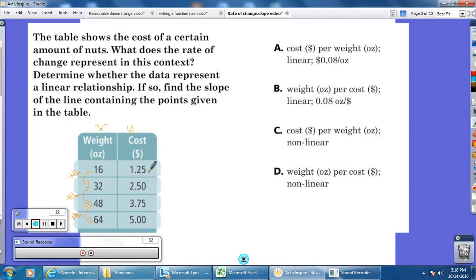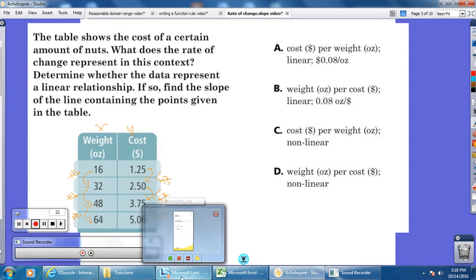Okay? Now from $1.25 to $2.50, that's $1.25. And then $3.75, yep, $1.25. And then, yep, $1.25. Okay?